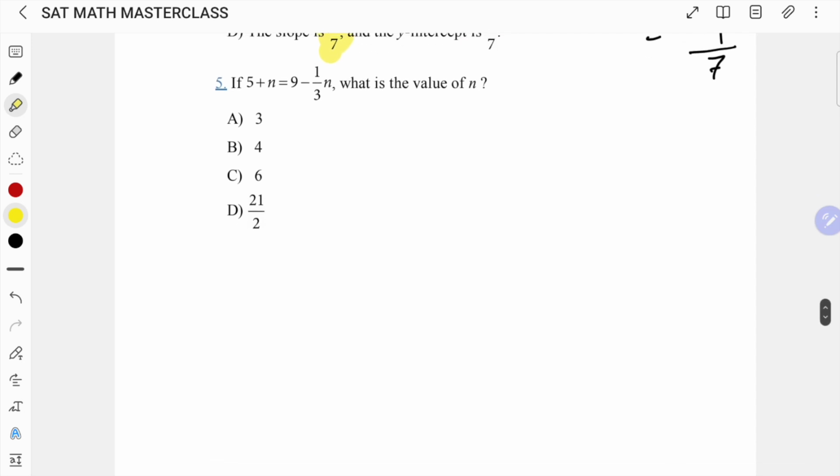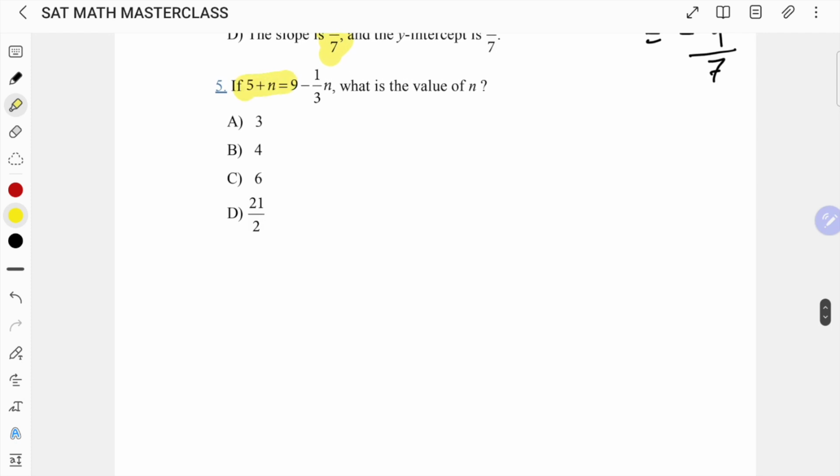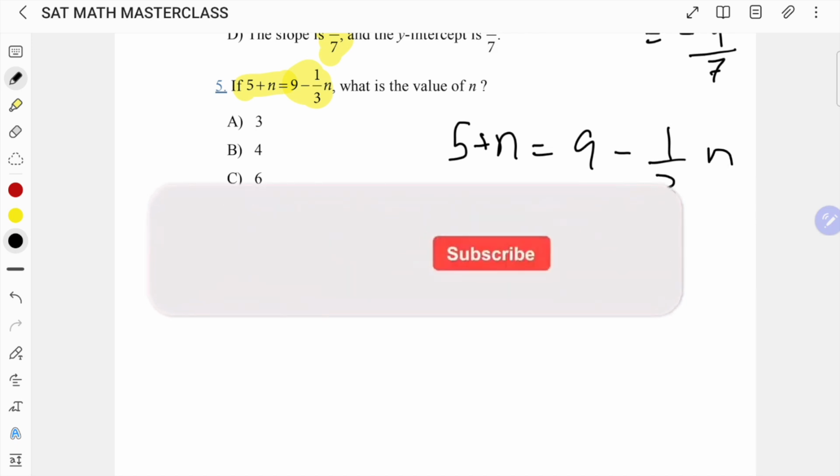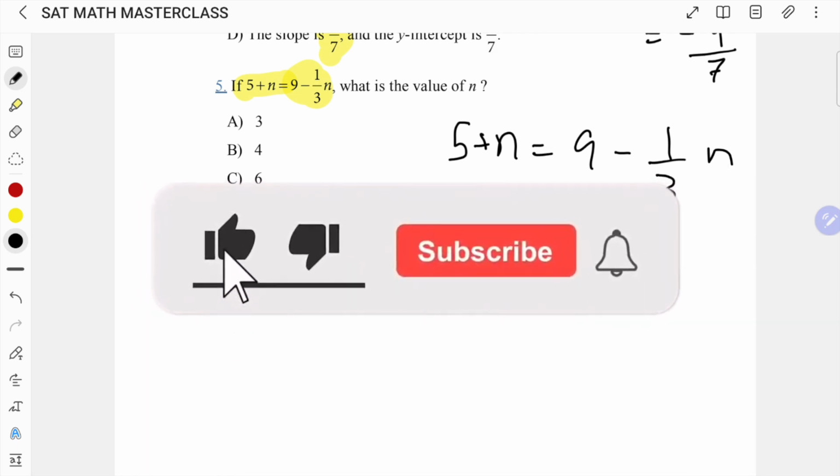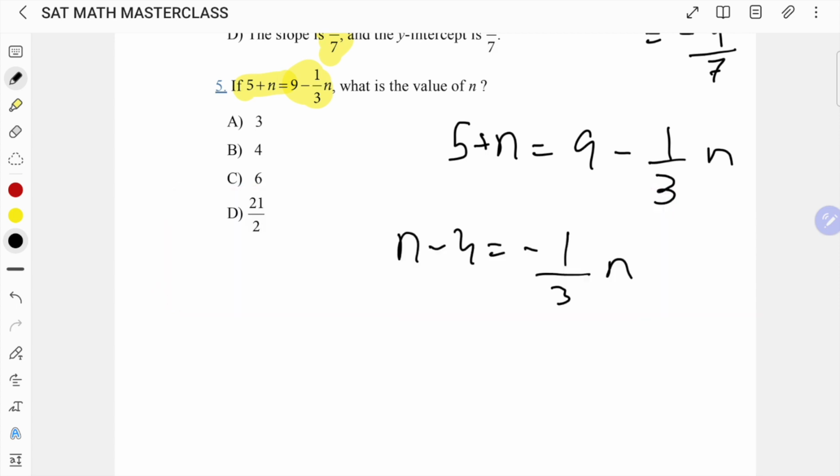We have, if 5 plus n equals 9 minus 1 by 3 of n, what is the value of n? Okay, so this is a pretty simple question. We take n to the other side, so we get n minus 4 equals minus 1 by 3 of n.